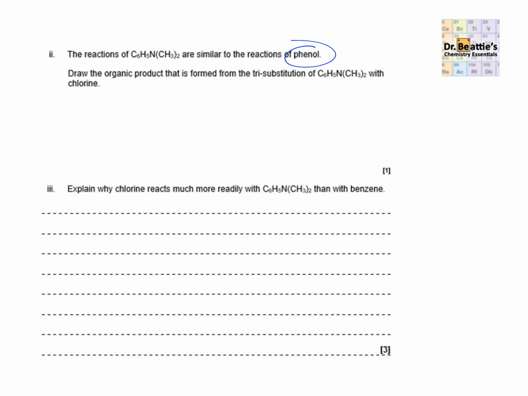So you know that phenol itself is an electron donating group. And then you've been asked to draw the product from the tri-substitution of this aromatic amine with chlorine. So, knowing its electron donating group, you should know that substitution happens at the 2, the 4, and the 6 positions on the aromatic ring, and so you need to draw the product for that.